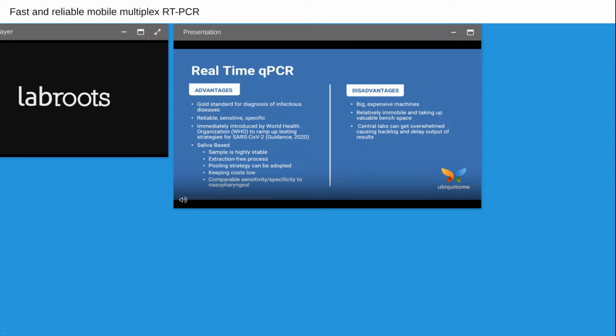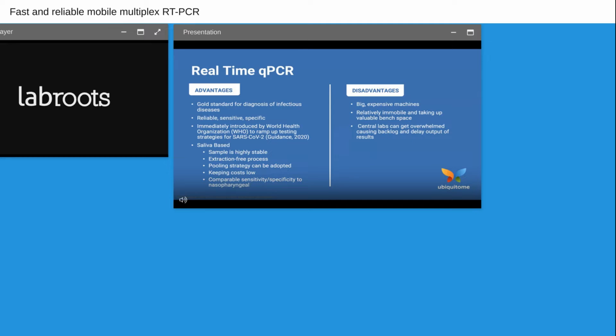And through the introduction of Saliva Direct, a saliva-based testing methodology, it has allowed so many more businesses to have access to accessible and easy to set up and perform testing, as opposed to what was initially proposed, which was the nasopharyngeal sample collection process, which, although it worked, would not be most people's first choice of collecting a sample. In terms of the disadvantages of using real-time qPCR, there aren't that many, as you can see.